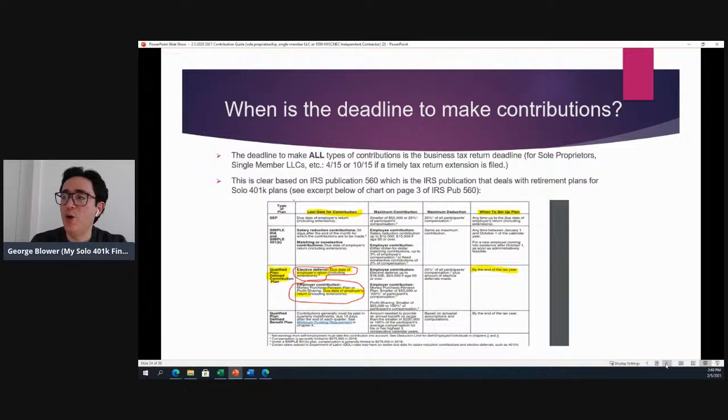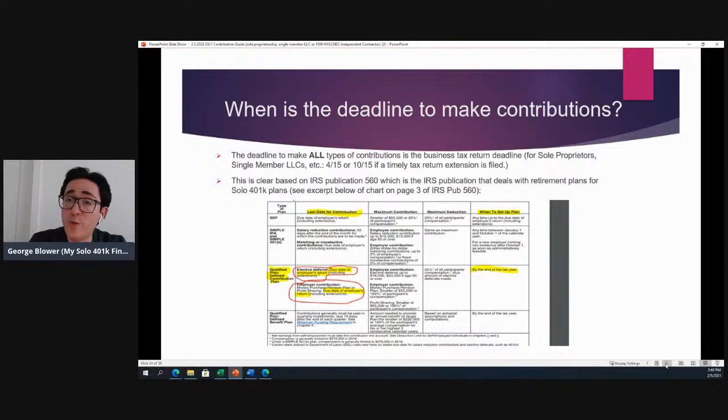Next question, can I make 100% of my salary deferral of my 1099 wages to solo 401k? Well, it depends. First of all, when you say 1099 wages, I'm presuming you're talking about self-employment compensation reported on line 31 of Schedule C after you reduce it by 1/2 of the self-employment tax.